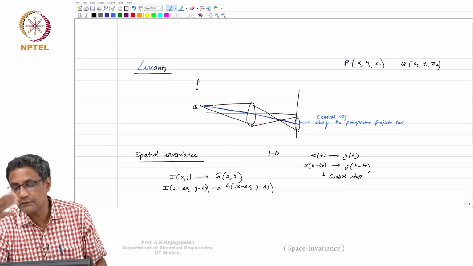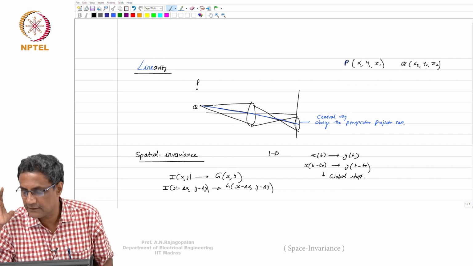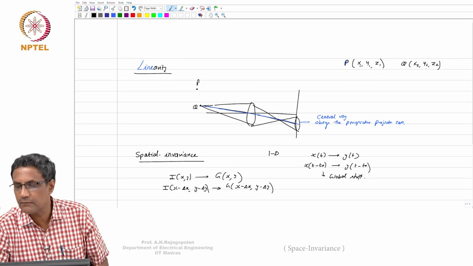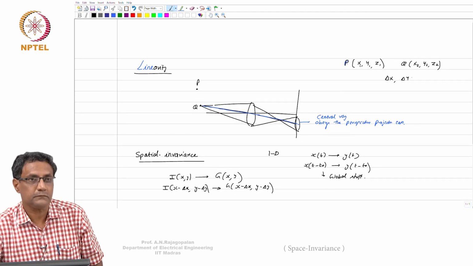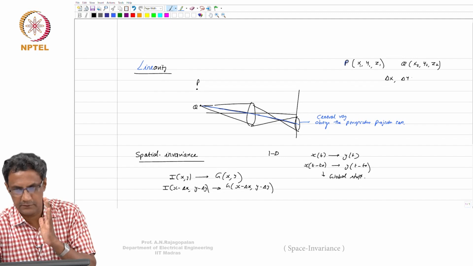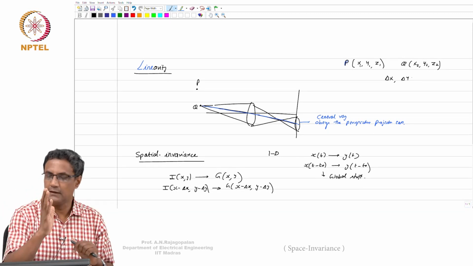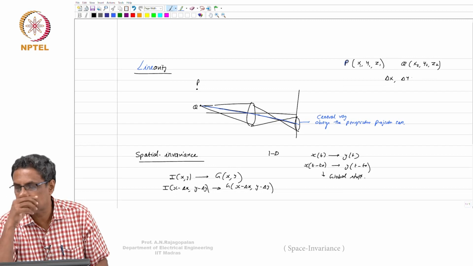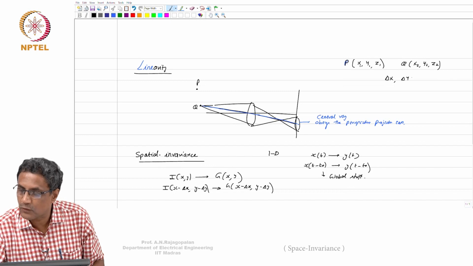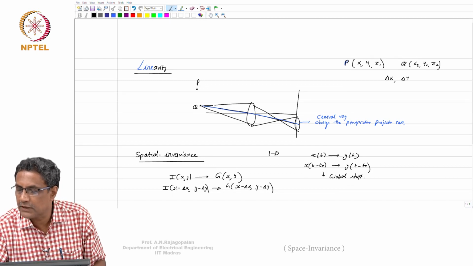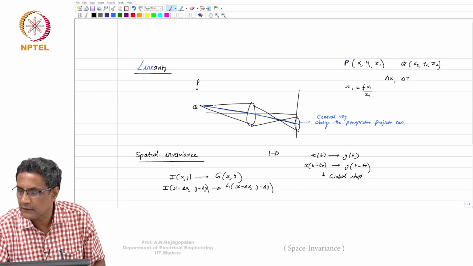Now just to make matters easy, imagine that I actually move this camera by an amount delta x, delta y in the world coordinate, or you can equivalently think of the scene moving by an amount delta x, delta y. Now we know that the image coordinate for P will be some small x1. Before you move, x1 is equal to f x1 by z1, and y1 is f y1 by z1.